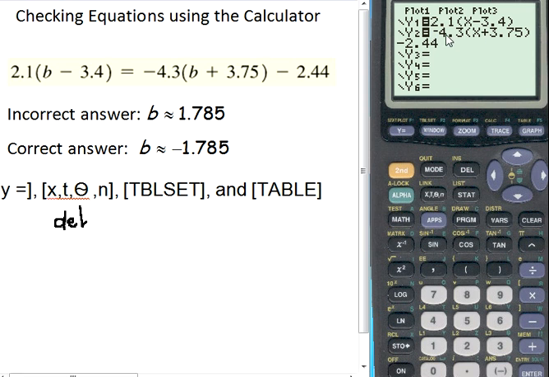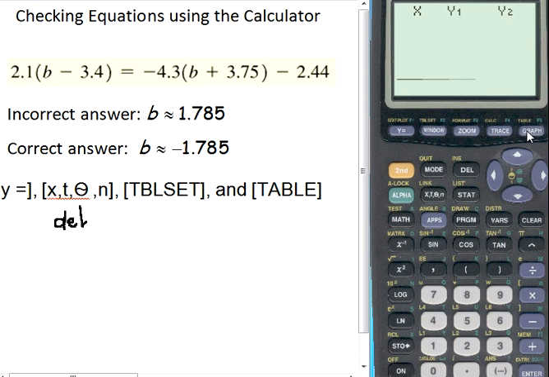But I did enter everything correctly, and so I go back to my table after I do my problem and find my mistake, and I enter the right answer. And you don't have to re-enter at y1 and y2 because you've already done that. You just re-enter your answer and see if it checks.